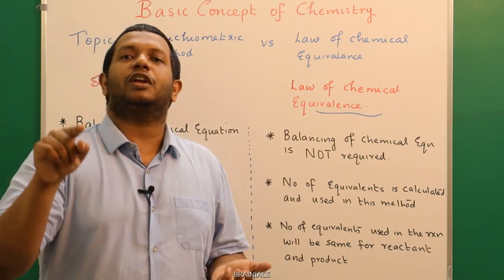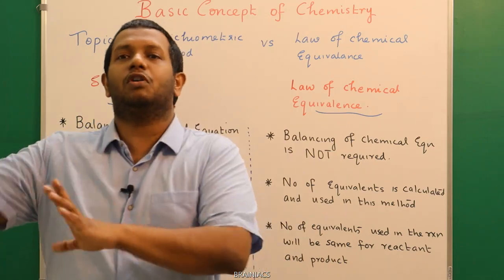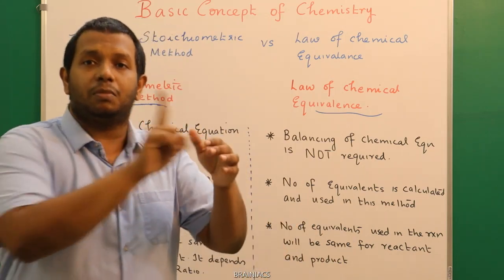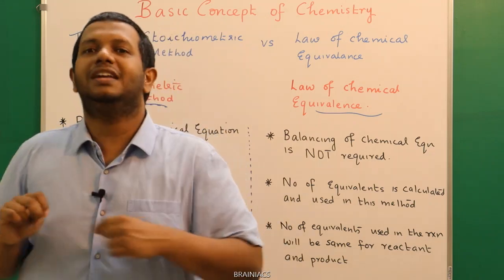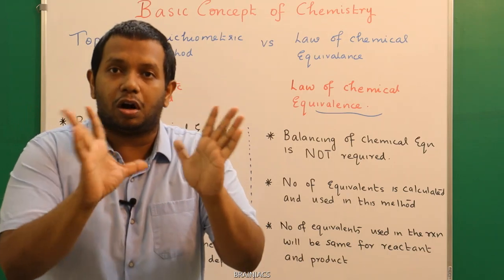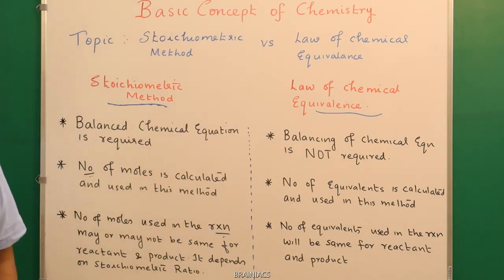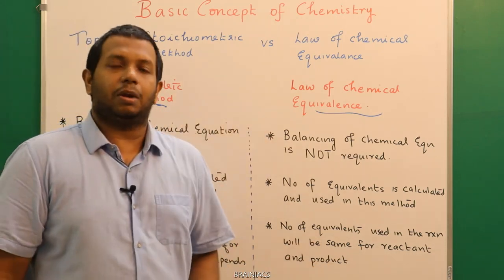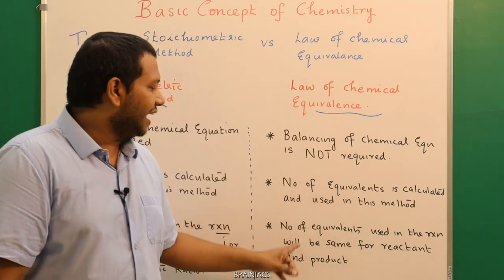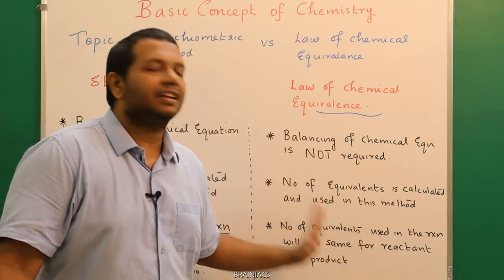Suppose the stoichiometric ratio is 1:1:1, then I can say 1 mole of A gives 1 mole of B. Suppose the ratio is 1:2, then 1 mole of A has given 2 moles of B. So it may or may not be the same; it depends upon the stoichiometric ratio. Very, very, very important. Now, in the law of chemical equivalence, listen, the number of equivalents used in the reaction will be the same for the reactant and product.